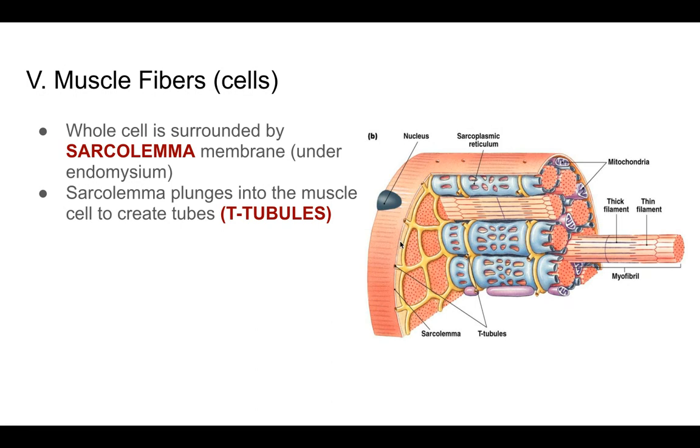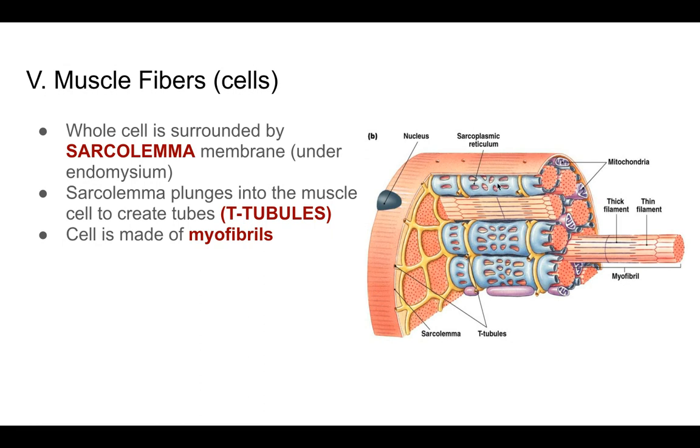So this layer right here is our sarcolemma, and occasionally that punches down deep into the muscle fiber or the muscle cell. Now, T-tubules are important because they're going to store calcium, and they're going to conduct an electrical impulse, which is going to be really important for causing the muscle to actually contract.